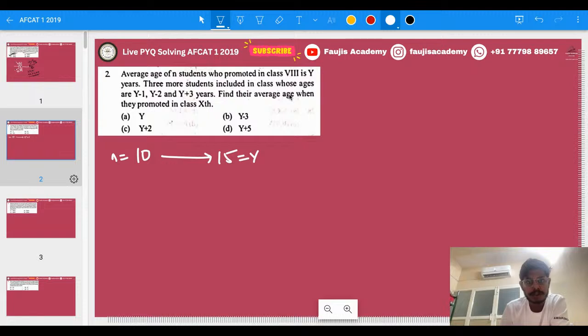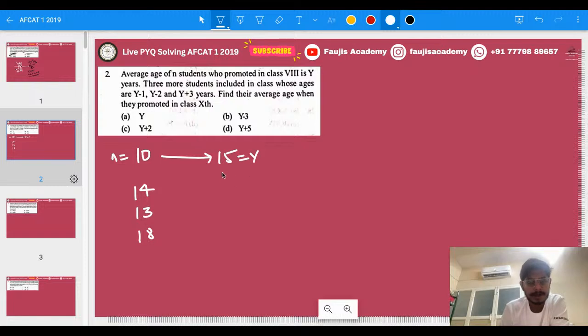Three more students are included in the class whose ages are y minus 1, which is 14, y minus 2, which is 13, and y plus 3, which is 18. So find the average age of the class when they are promoted to class 10th. This is what they have asked.